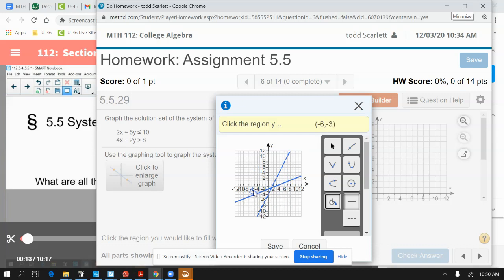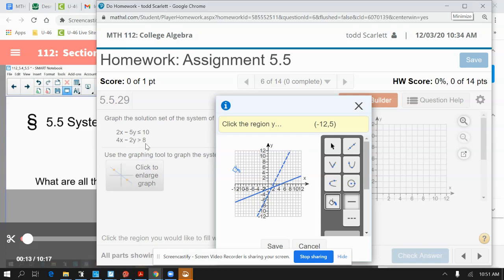Well, we already know, remember the solid line? It has to be above the solid line. So the question is, is it in the upper left or in the upper right? It all depends on this. Notice 0, 0 is to the left of this line. And I picked 0, 0 because that's the easiest ordered pair to test. If x is 0 and if y is 0, you have 0 minus 0, which is 0. Now, is 0 greater than 8?